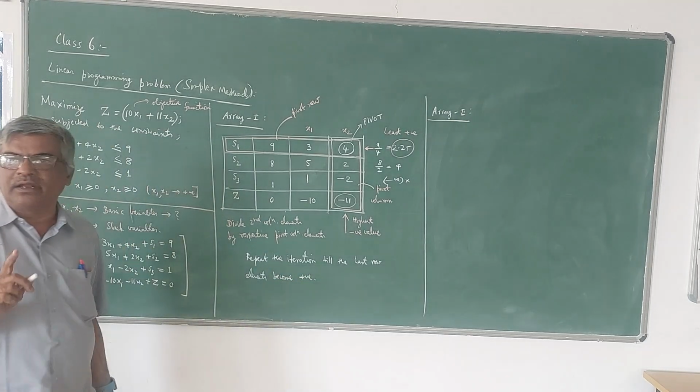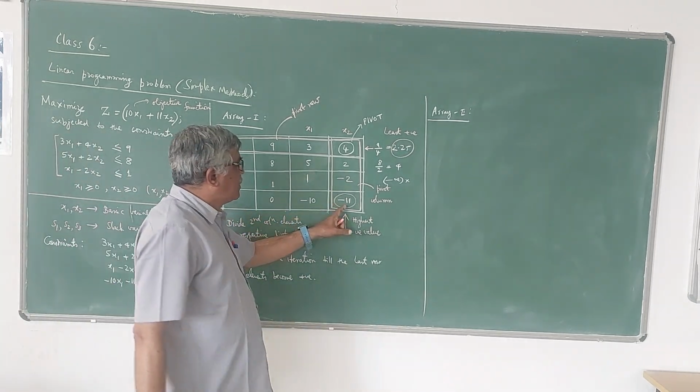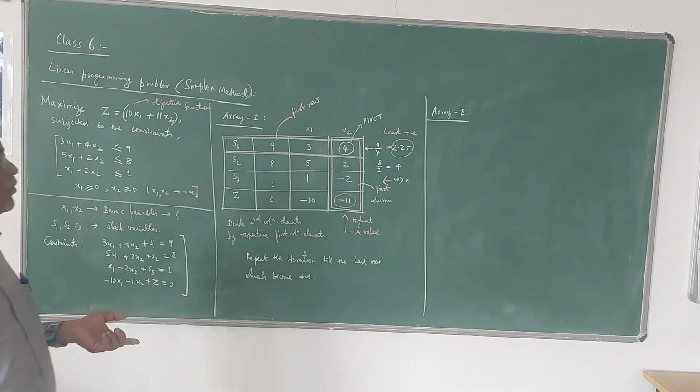Not even a single element should be negative. In the last row there are 3 elements, and all these 3 elements should become positive. Till that we have to move on.